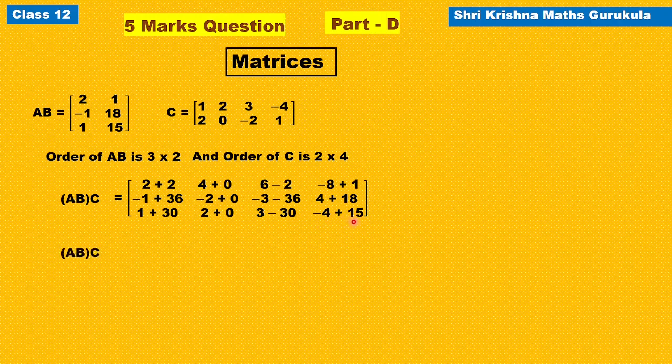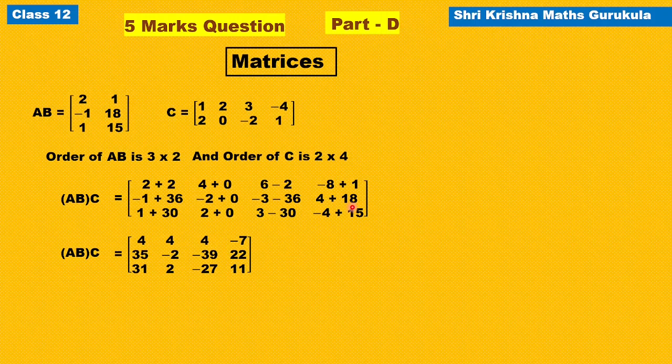Now we shall simplify this. This is 2 plus 2, 4. This is 4 again. This is 6 minus 2, 4. Minus 8 plus 1 is minus 7. Then minus 1 plus 36 is 35. Then it is minus 2 here. Then it is minus 39 in this case. This is 22.